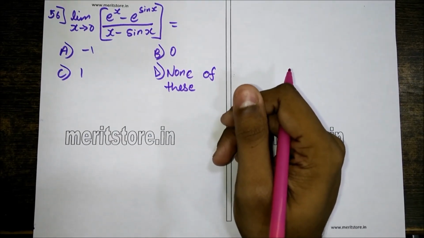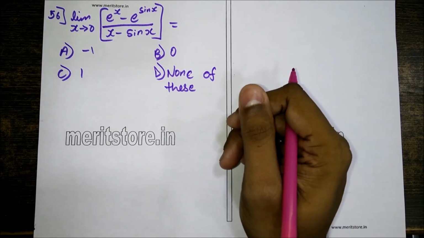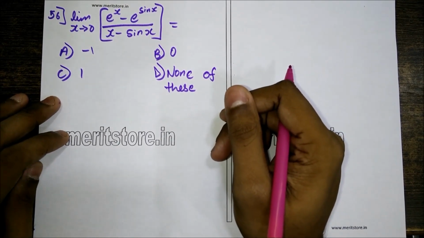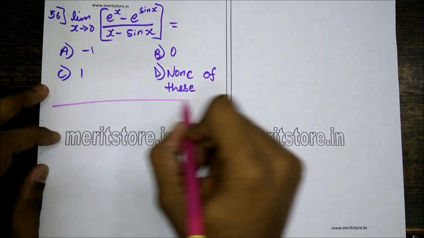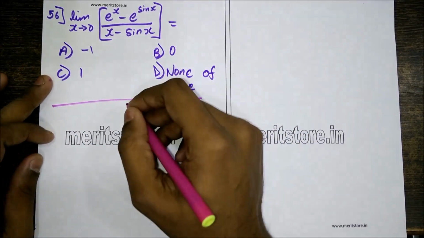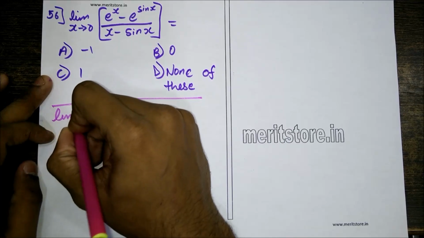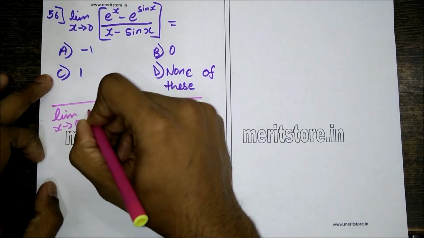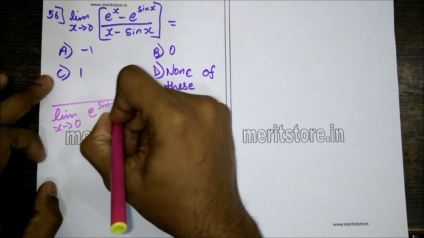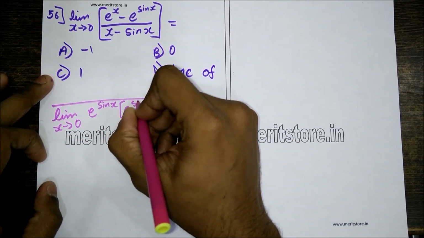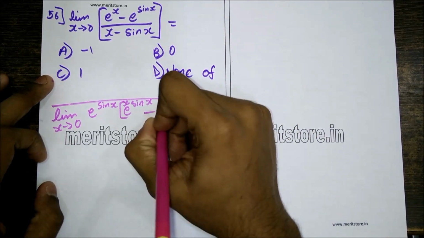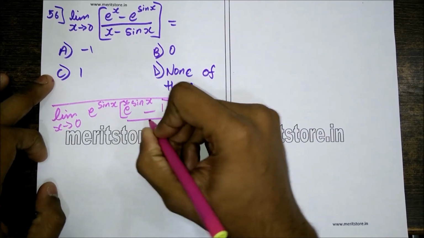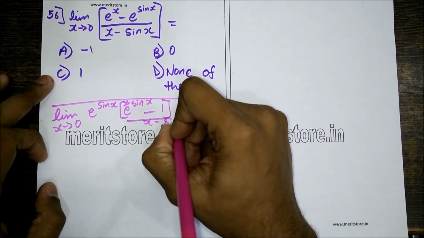Limit of x tends to 0 of e raised to x minus e raised to sin x upon x minus sin x equals a) minus 1, b) 0, c) 1, or d) none of these. So it's in 0 by 0 form, and we can use L'Hopital's rule, giving us limit of x tends to 0 of e raised to sin x into e raised to x minus sin x minus 1 upon x minus sin x.